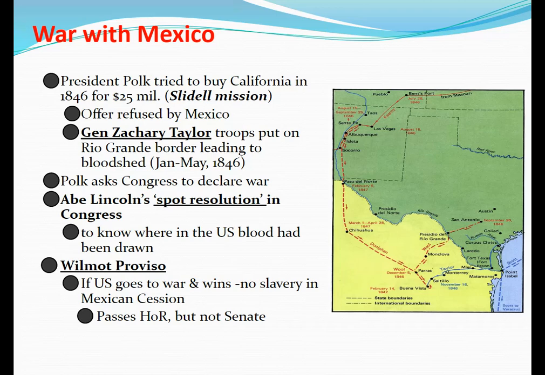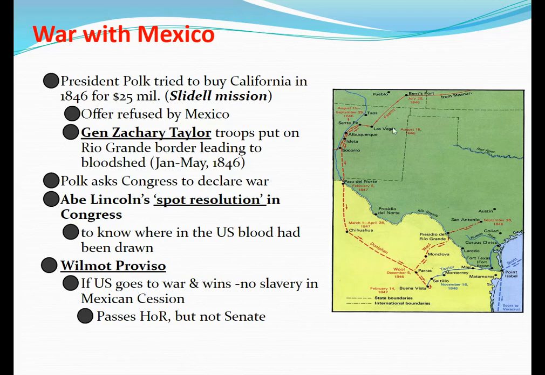James K. Polk feels that there has been movement of Mexican forces into that area, and there were some who were actually in fortification stationed in that portion of the country. He sends his own representative and his own forces, led by a man named General Zachary Taylor, and they are put on the border of the Rio Grande.